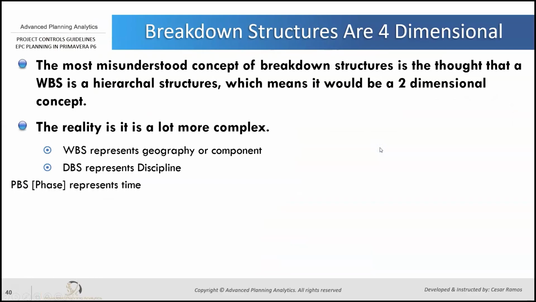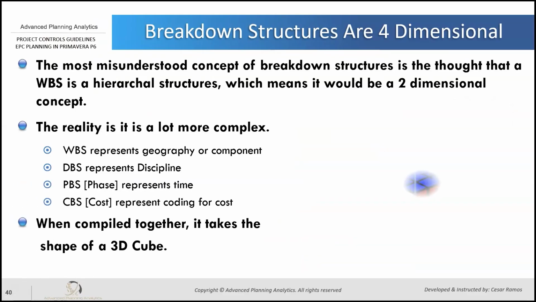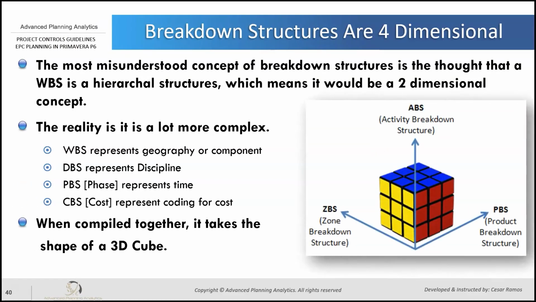So, to me, the most misunderstood concept of breakdown structures is the thought that a WBS hierarchical structure in P6 is the way to build a schedule, which would be a two-dimensional concept, and I'm going to explain that in a second. But the reality is that work breakdown structures are a lot more complex.